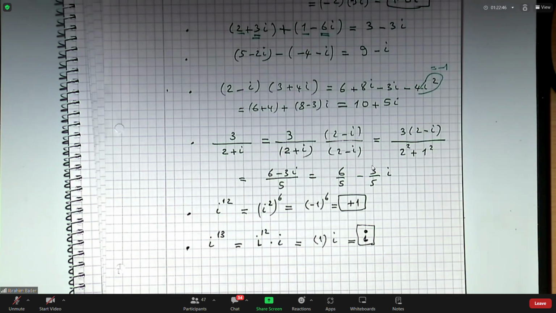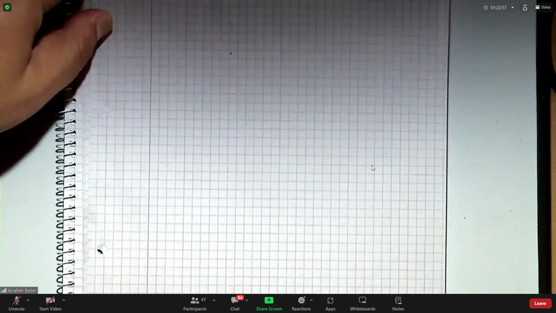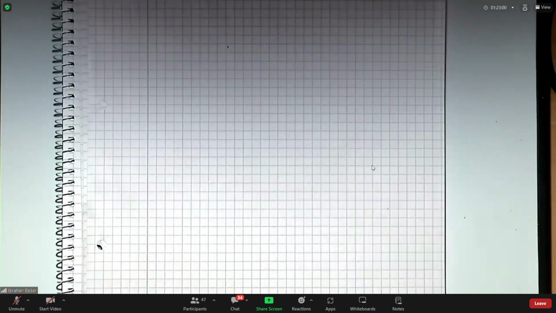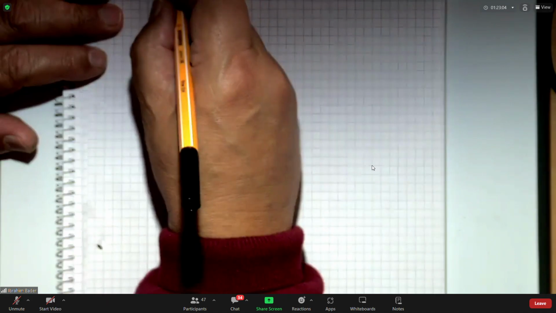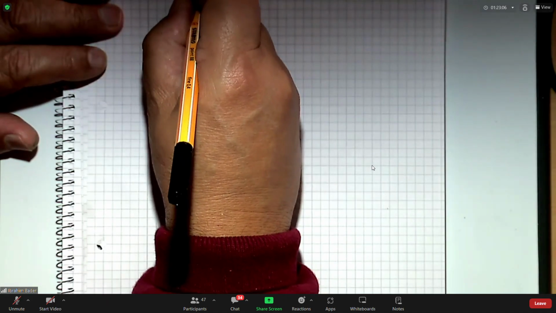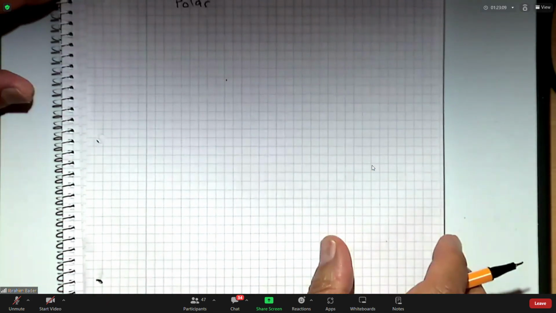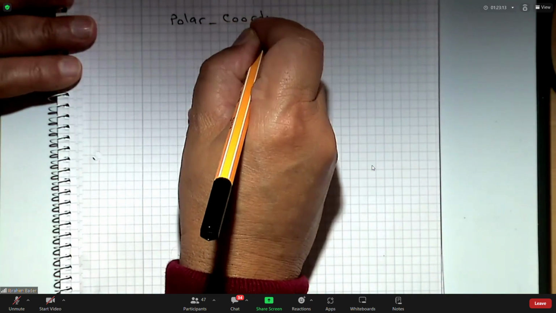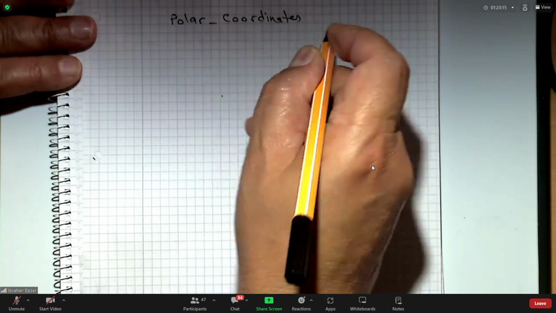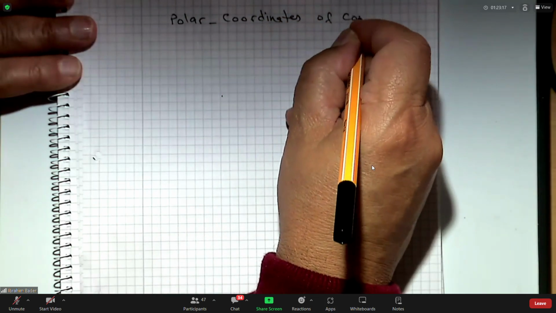Now, luckily, as I told you before, we don't always need to do the whole arithmetic using the standard form, and that's why we will use the so-called polar coordinates or polar form of complex numbers.